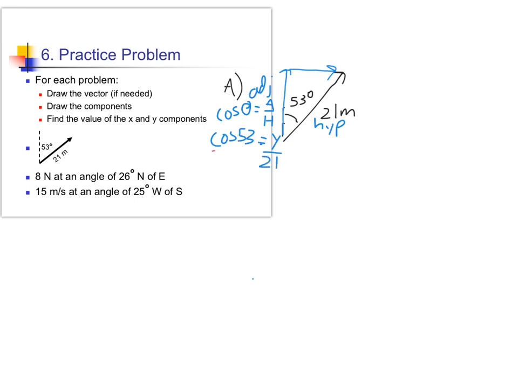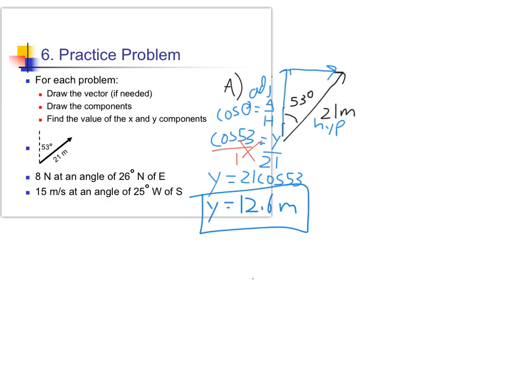All right, I'm going to cross multiply here, and I find that my y component is going to be 21 times cosine of 53. So that gives us a value of 12.6, and the units would be meters because those were the units of the initial hypotenuse.